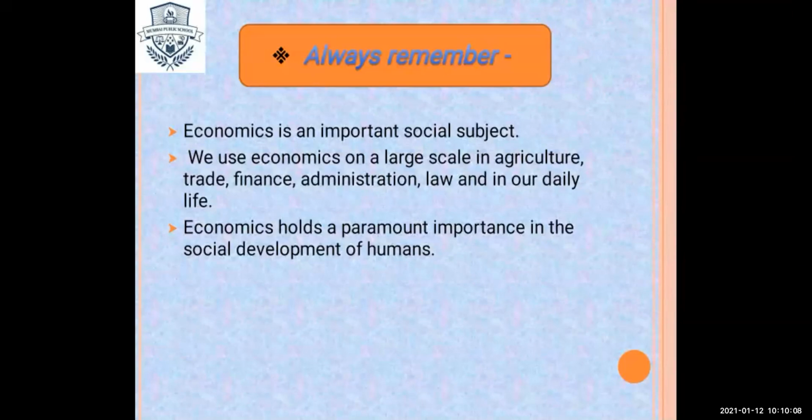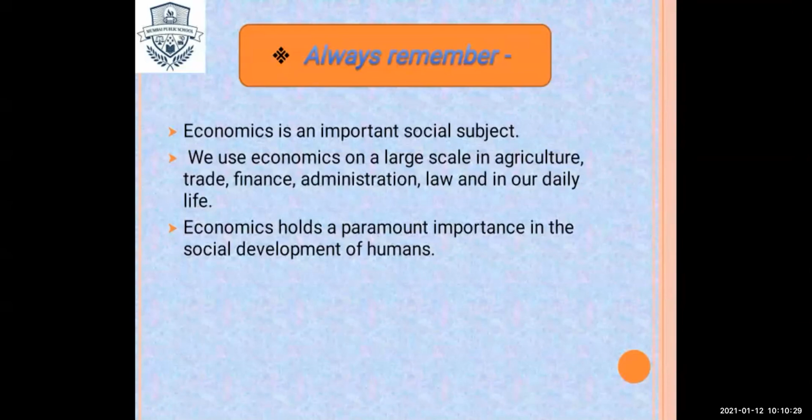The benefits which we are getting from the government, and the resources we have, like water, food, and land, when we manage them properly, that time we can say our country's economy is good and the management is going in a proper way.